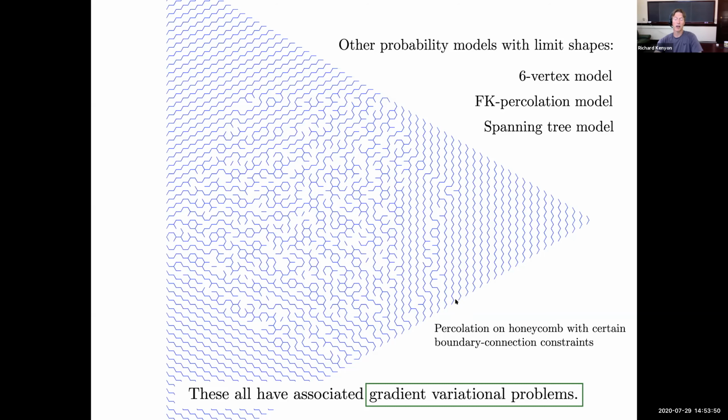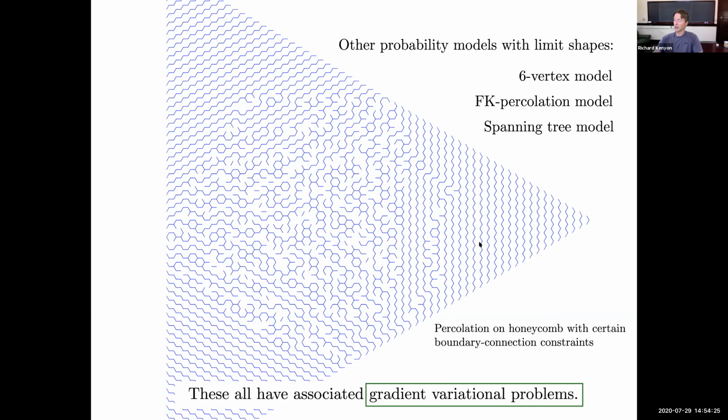Here I'm not taking just a uniform percolation, I'm taking a percolation on a large triangle with certain boundary connection constraints. The constraints are that certain points on the boundary have to be connected across to some other point, as indicated here. And hopefully you can see there's some sort of roundish shape here, and outside that roundish shape, the model is frozen into these zigzag lines.